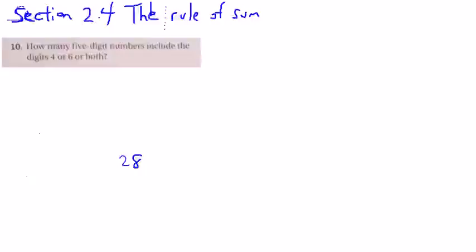And if anybody is really interested in seeing how you could do this using the principle of inclusion and exclusion, or what I'll call the direct method, you're going to have to split it up into a whole bunch of cases.